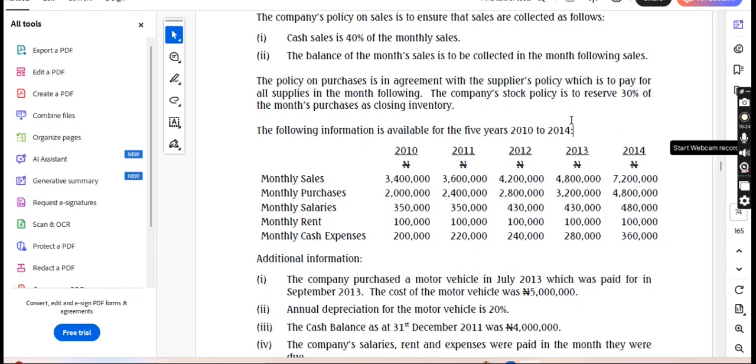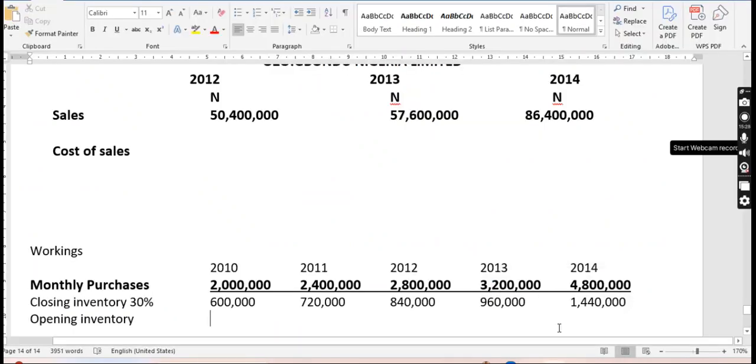We've gotten that, right? Now, in a simple way, the closing of this is the opening of this. Is that not so, class?